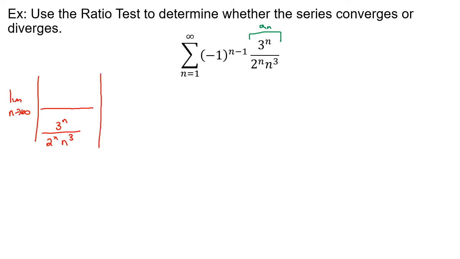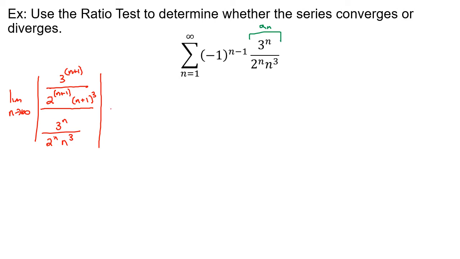And then on top of that, I have to add 1 to every n. So I have to do 3 to the n plus 1 over 2 to the n plus 1, and then n plus 1 cubed. Like I said, if you put the negative 1 to the n minus 1 in there, you can, but it'll just go away with the absolute values anyway.